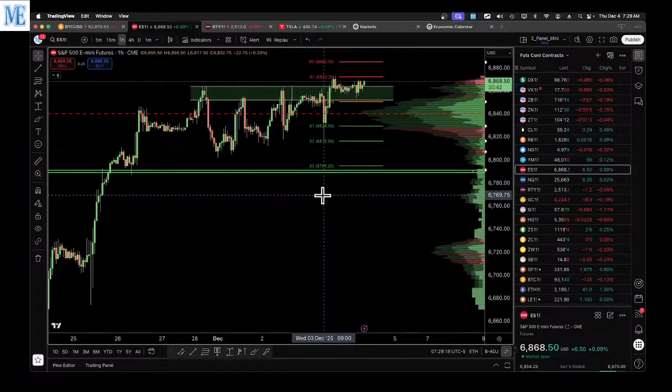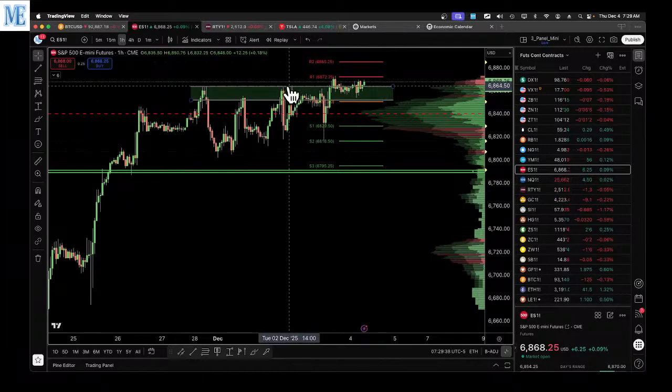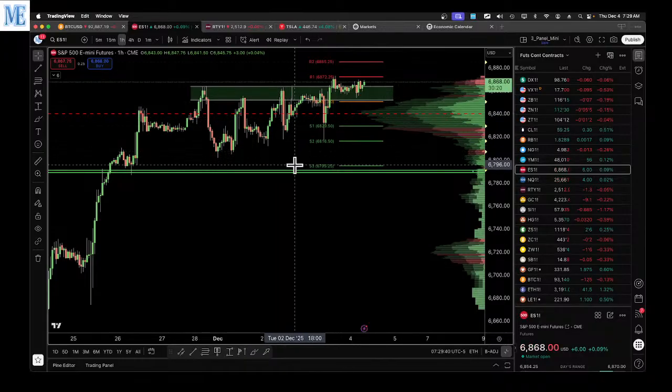I could see if we lose that, we can literally get through there pretty fast and quickly get down to the 69.90 area pretty quick. So, with that being said, I'm not marking that because I'd likely not take that trade unless I really see a ton of buyers come in there at that time.